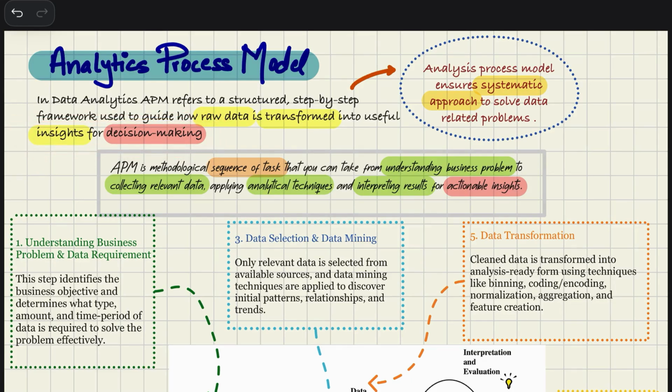It ensures a systematic approach to how we solve the problem. It is a methodology that includes a sequence of tasks, from understanding the business problem to collecting the relevant data, and then applying analytical techniques to interpret the results and get actionable insight.